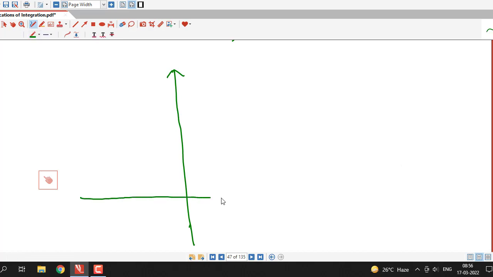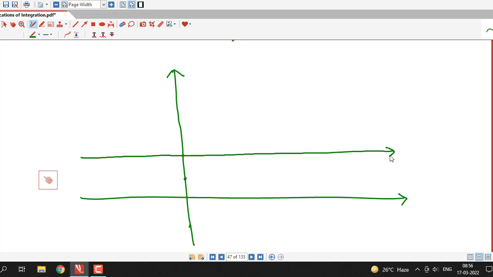X-axis is somewhere here, and this is the line, this is 1. So suppose this distance is y equal to 2, and our region is somewhere here, and we want to find out the solid generated by rotating this region with respect to the line y equal to 2.